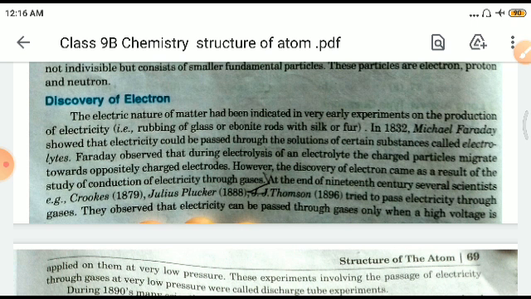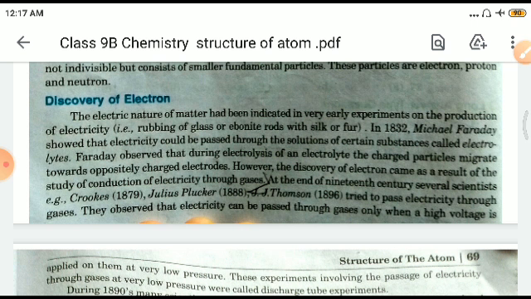Now in 1832, Michael Faraday showed electricity could be passed through solutions of certain substances called electrolytes. Faraday observed that during electrolysis of an electrolyte, the charged particles migrate towards oppositely charged electrodes.